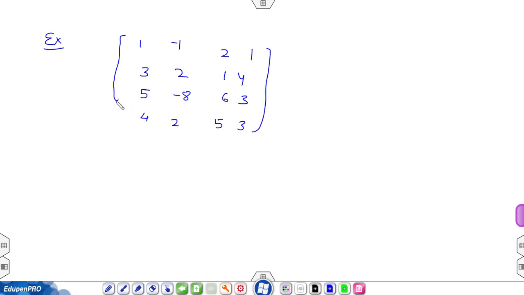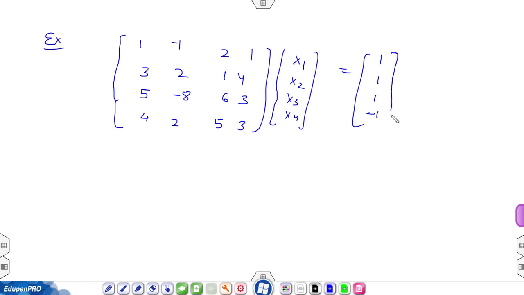This is your A matrix. This is the system given to you: A times the vector x1, x2, x3, x4 equals the vector b, whose elements are 1, 1 and -1.